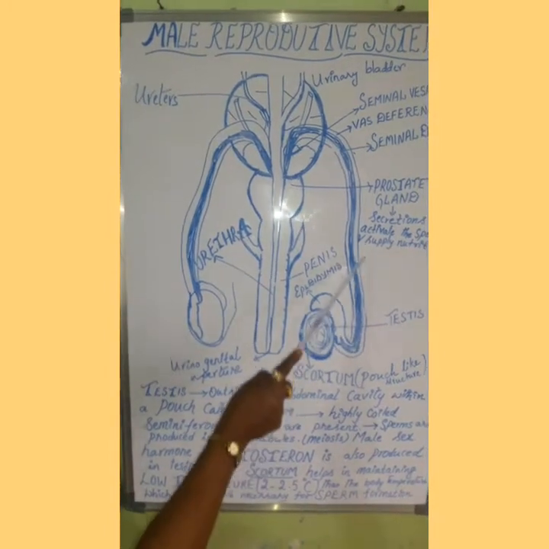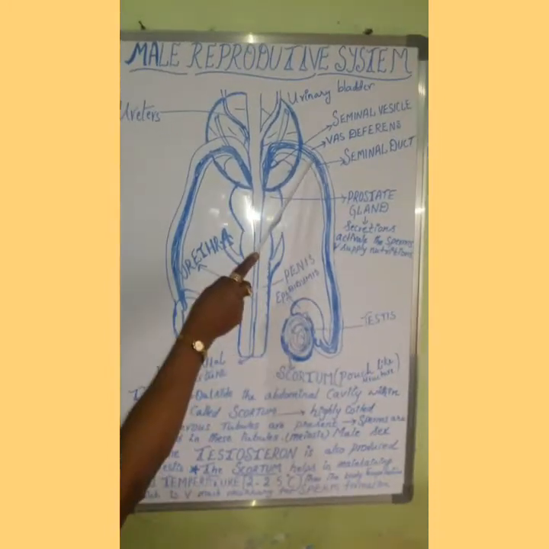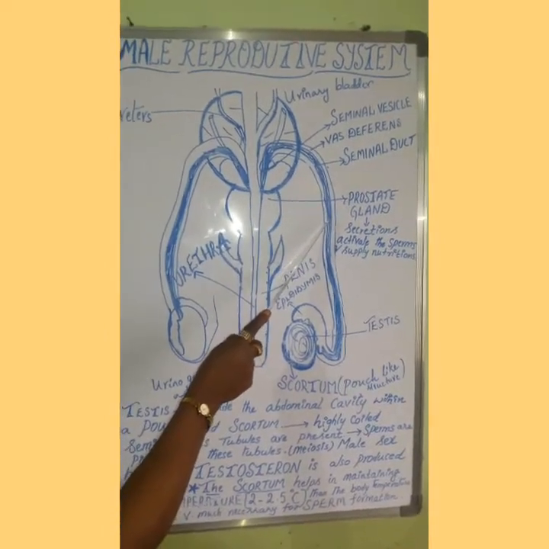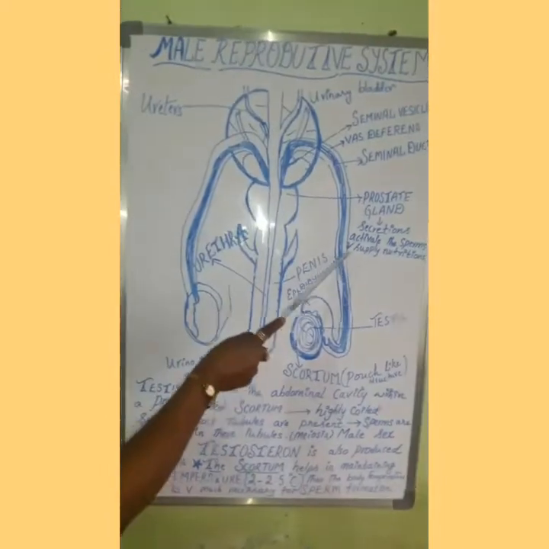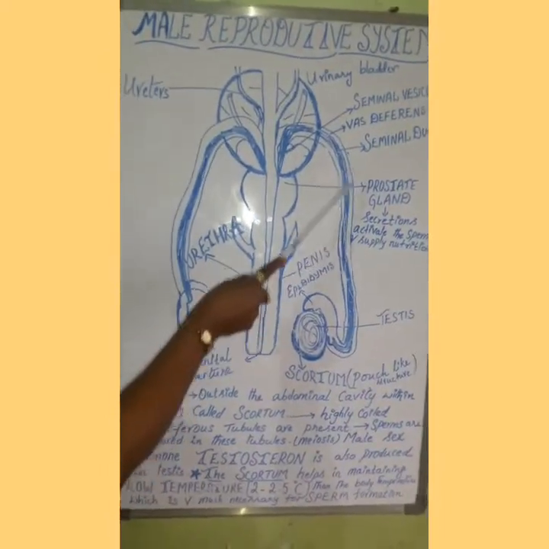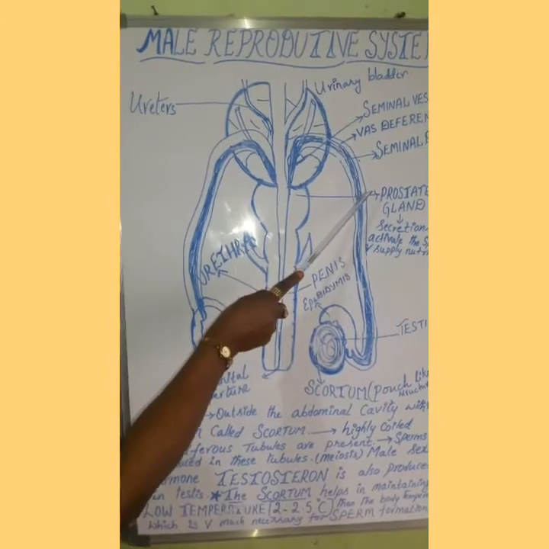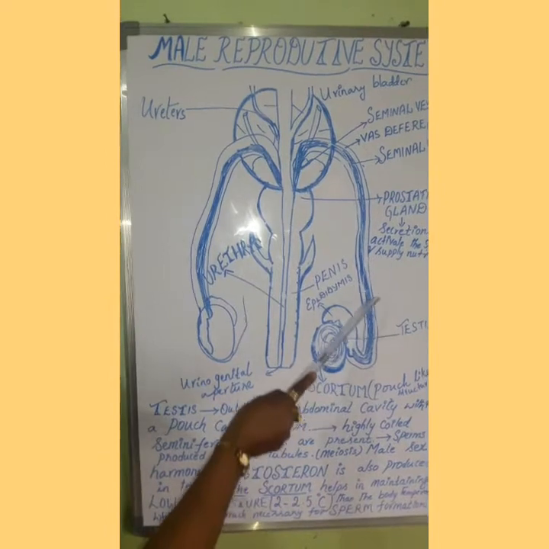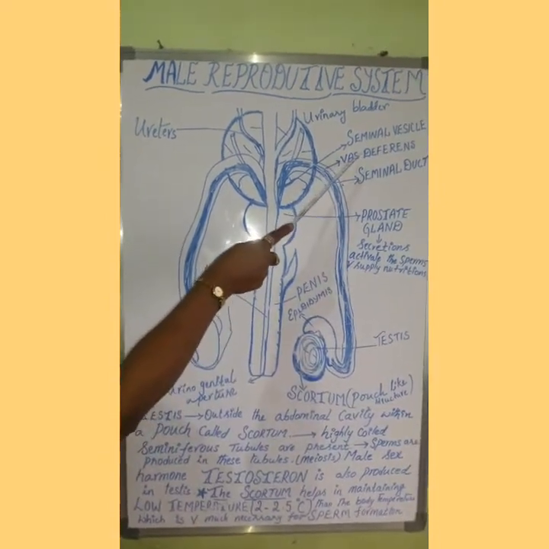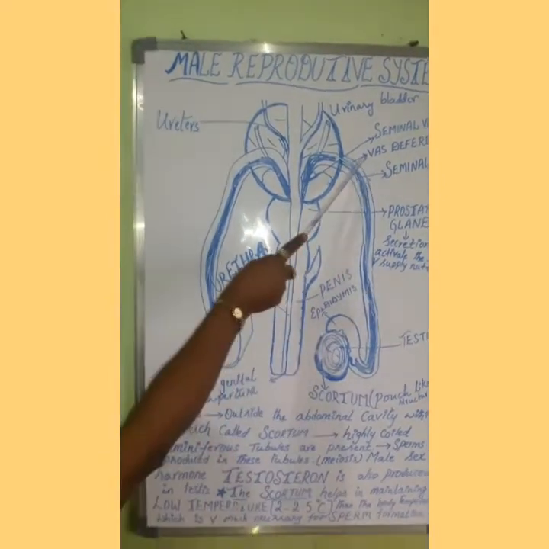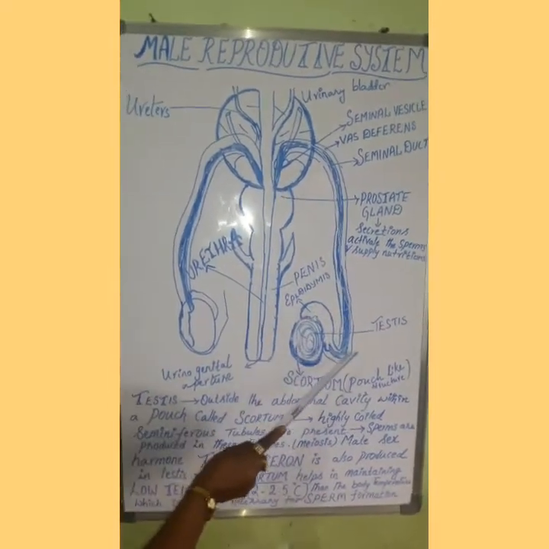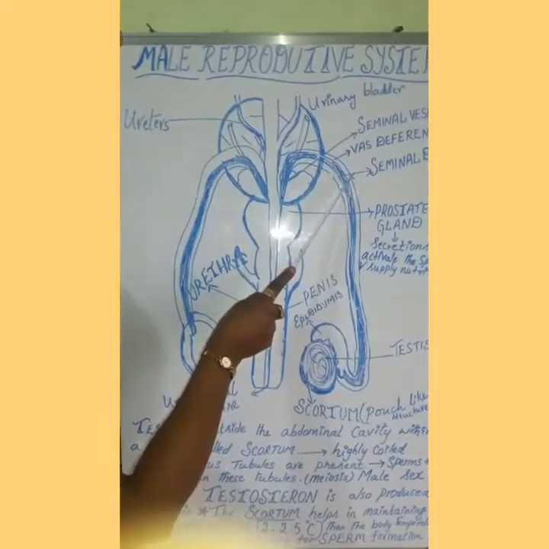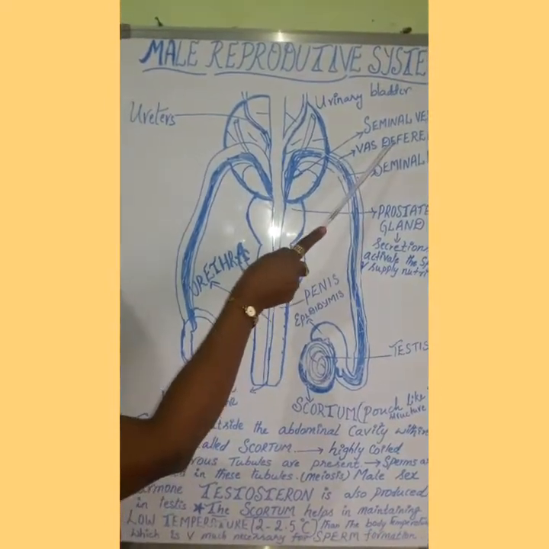From the epididymis, we can see a tubular structure made up of smooth tissue, which arises as the vas deferens.